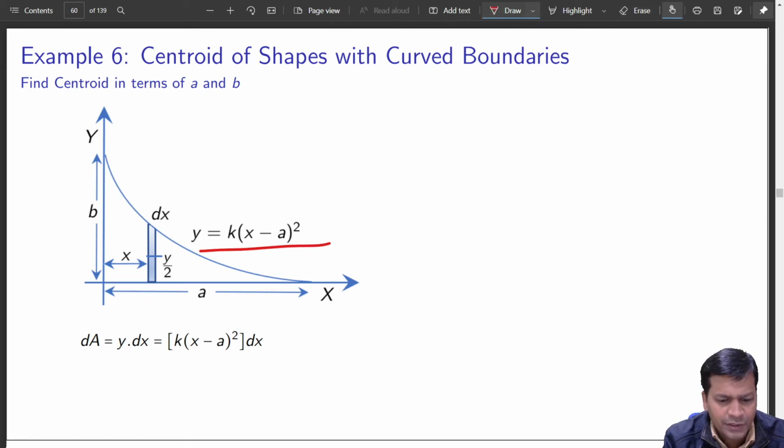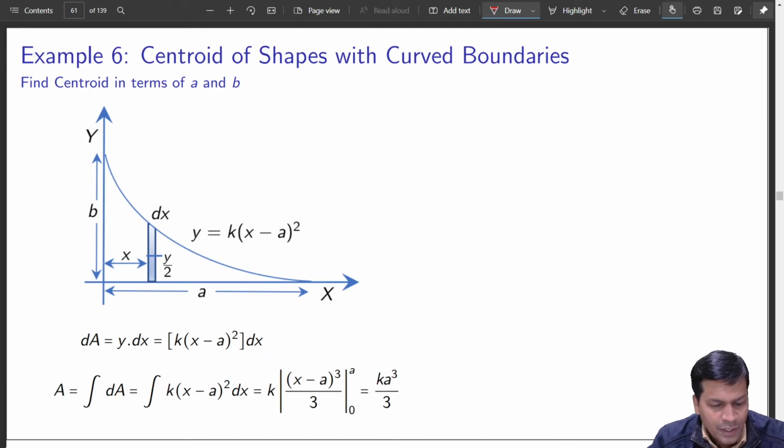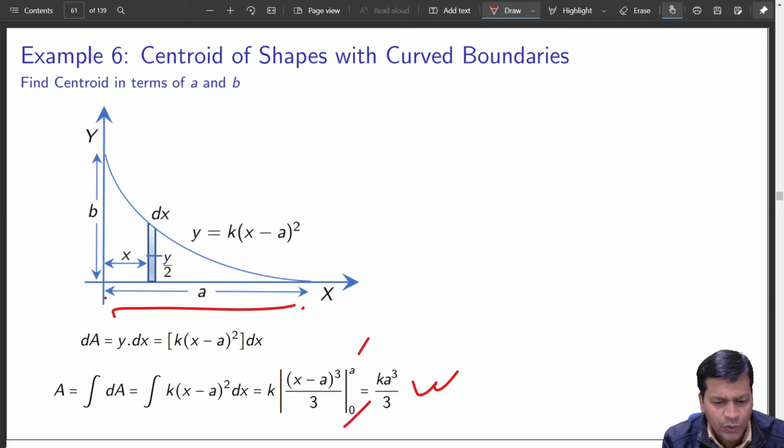You can directly put it here in dx. Then area will be equal to the integral of dA. It gives me this. So you have to see your boundaries. x ranges from 0 to a. I am integrating from here to here, so it is 0 to a.